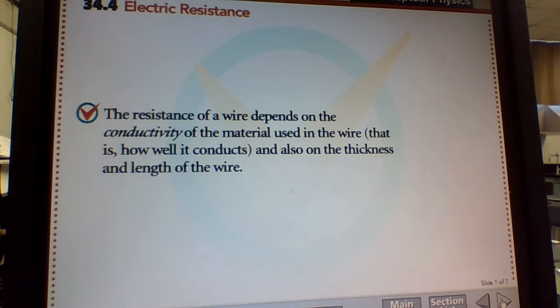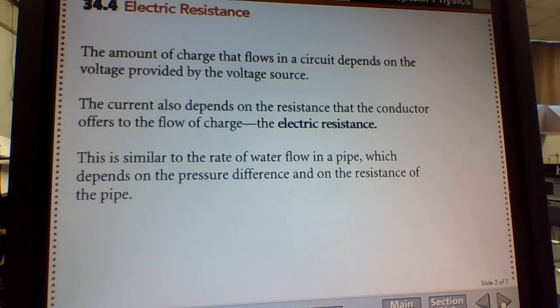But anyway, the amount of charge that flows in a circuit depends on the voltage provided. We already saw that. Again, that voltage source. But the current also depends on the resistance that the conductor offers to the flow of charge. This electric resistance we measure in a unit called the ohm, and it was discovered or largely figured out by a scientist with the last name Ohm.